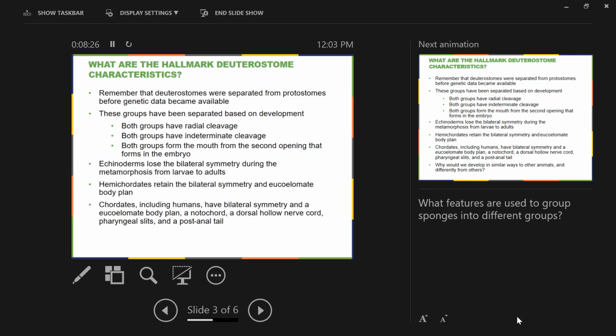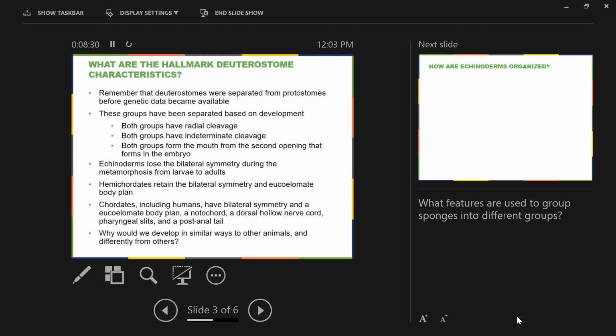All right. So I have a question for you all to work on in a group. So take 2 to 3 minutes, and I want you to come up with a really good answer to this question. So now, knowing that we are Deuterostomes, and already we've talked about us being bilaterally symmetrical, and it's on the slide to remind you, and we are eucoelomates, again, on the slide to remind you, and we have 3 germ layers.